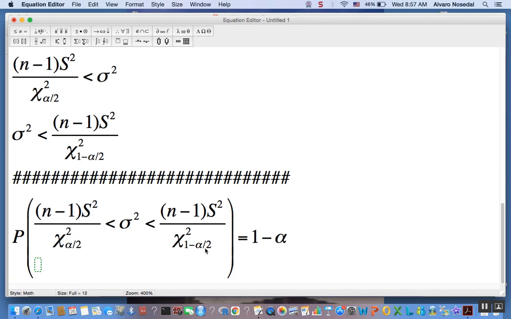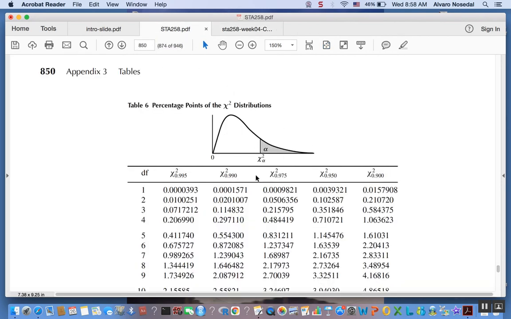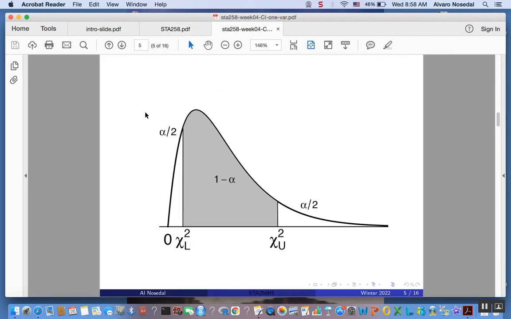These guys here are quantiles, critical values from chi-square with n minus 1 degrees of freedom, in this case this one here with an area of alpha divided by 2 to its right, this one with an area of 1 minus alpha divided by 2 to its right. So we can find those guys with a table, for instance. So we're basically done.